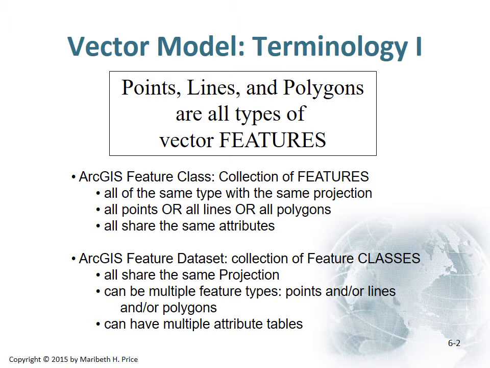All of the point, line, and polygon feature classes are stored together as a feature data set. Okay, and remember that these are related to geodatabases. So feature classes and feature data sets occur within geodatabases. If you have vector data outside of a geodatabase, it will most likely be either a shapefile or a coverage, which are older data formats.